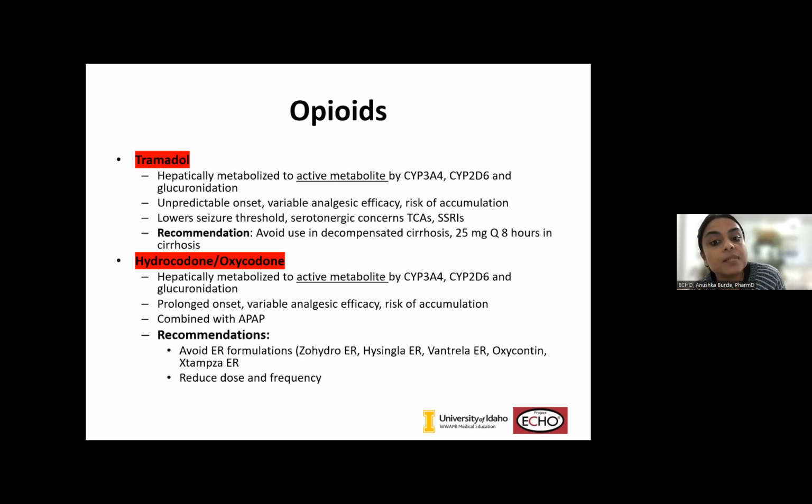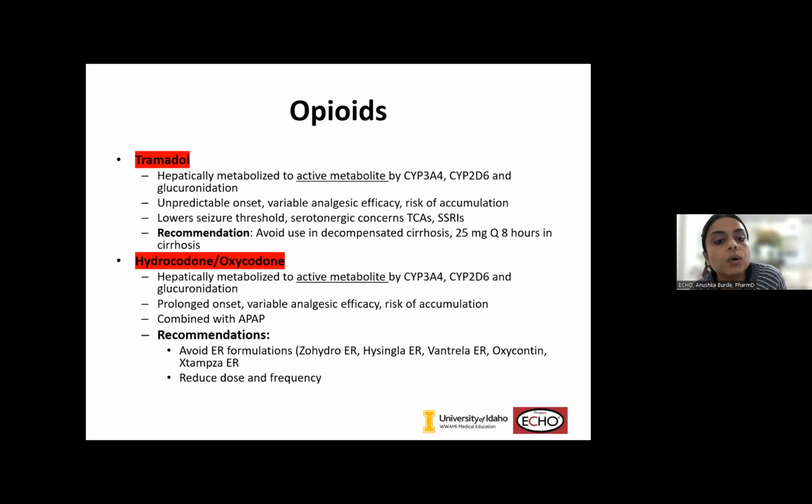It also sometimes interacts with serotonergic medications such as SSRIs and TCAs. And so the recommendation in chronic liver disease is that you have to avoid use of tramadol in somebody who has decompensated cirrhosis. You could use maybe 25 milligrams every 8 hours in those who have compensated cirrhosis.